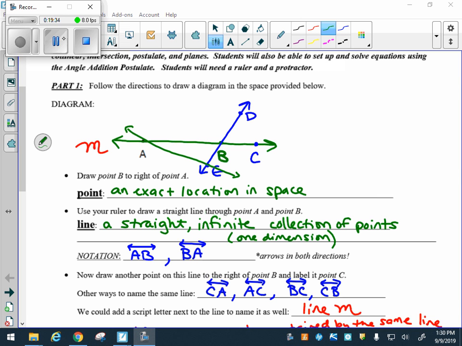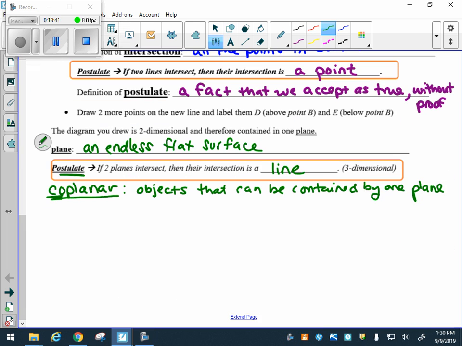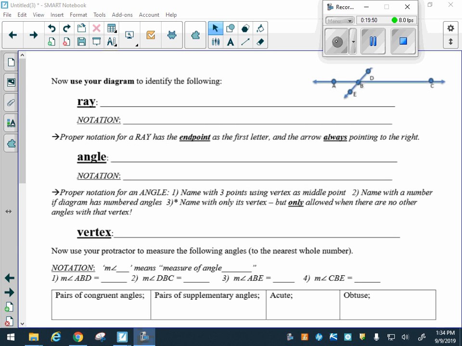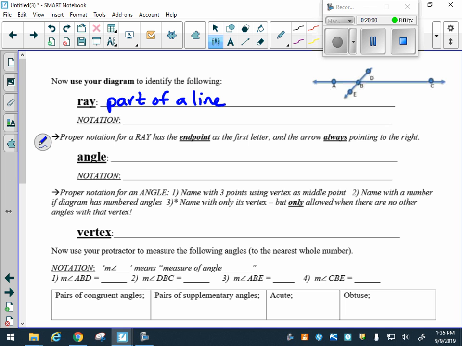Okay, so can be contained. Same idea with coplanar. If things can be contained by the same plane, even if that plane's not drawn, then it's considered coplanar. A ray is a part of a line with one endpoint.